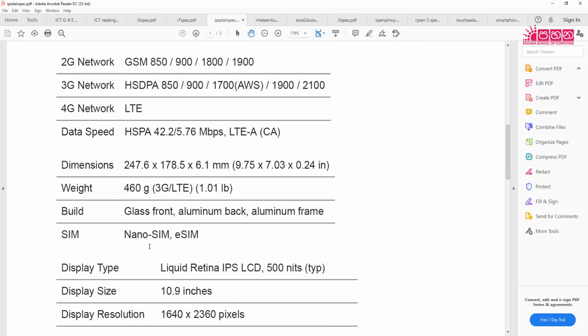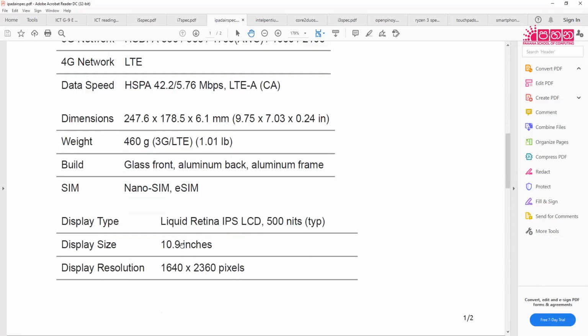You know that there are different sizes, nano SIM. This is a physical SIM. And now we have what we call electronic SIM, which means we don't have a physical SIM. For example, if you take the new iPhones, you can have one physical SIM and one electronic SIM. That's how it supports dual SIM.